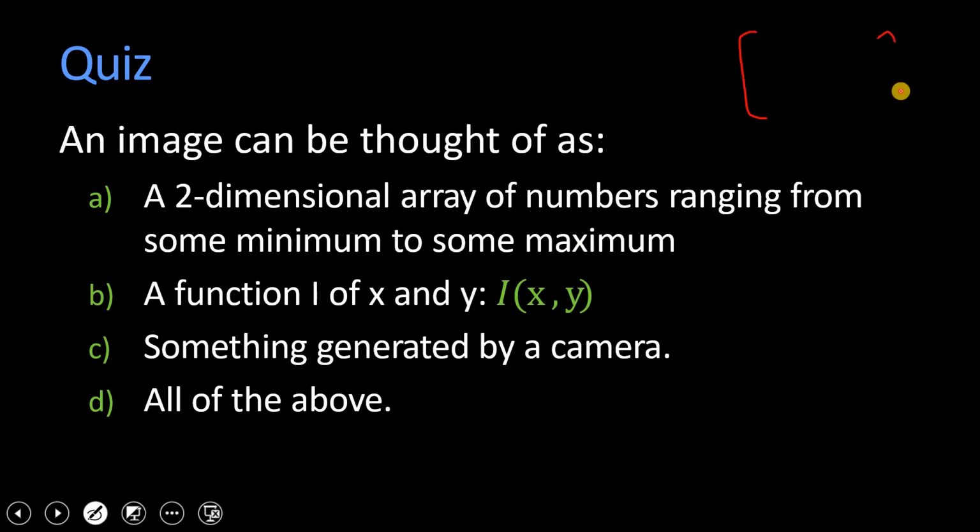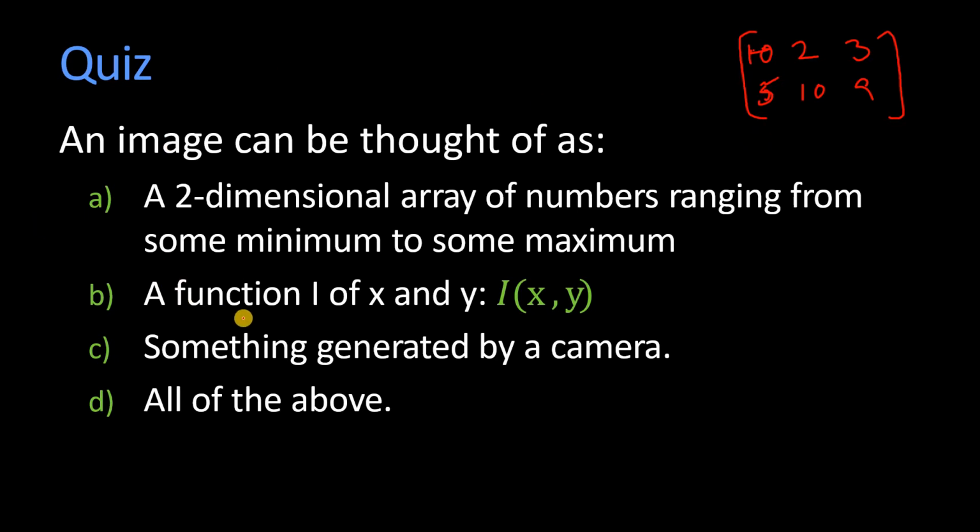Because all of you must have taken the course on image processing. Basically, the image is nothing but a matrix of numbers. So for example, there is an image like this. It is basically a set of numbers in matrix form. So this option is correct.